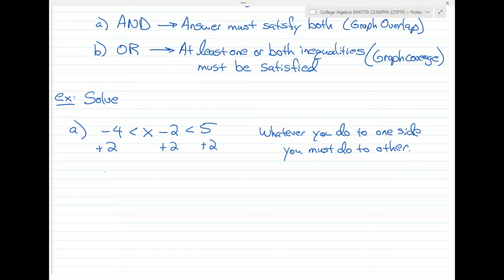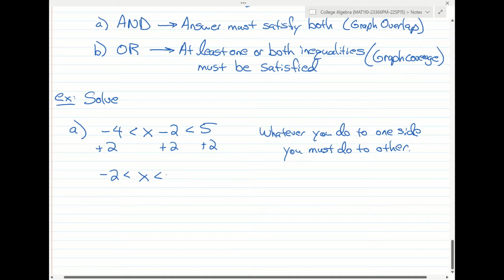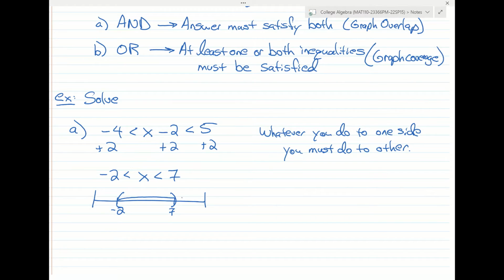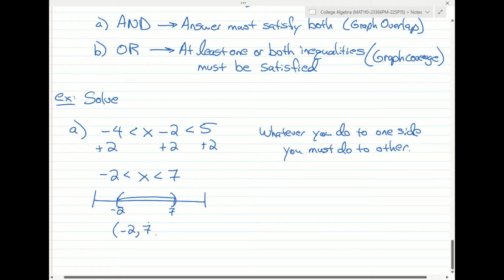And you just wind up with -2 is less than x, which is less than 7. We're going to graph this. -2 and 7. We put parentheses on both. In interval notation, we write this -2 to 7.